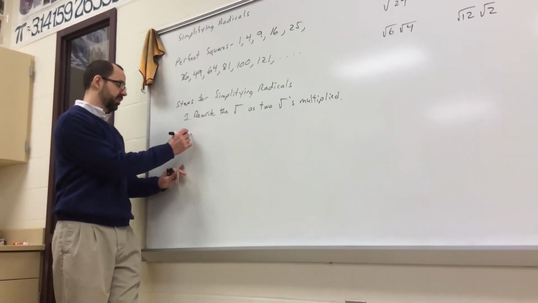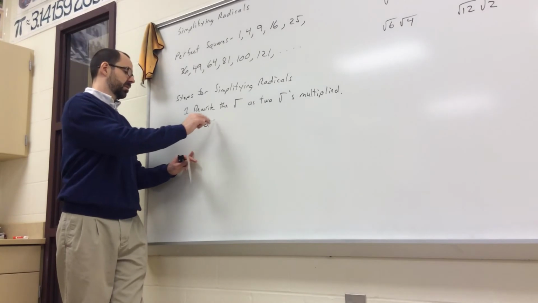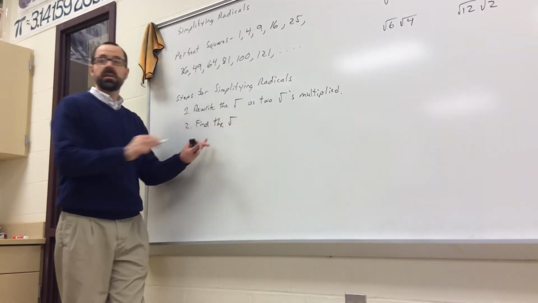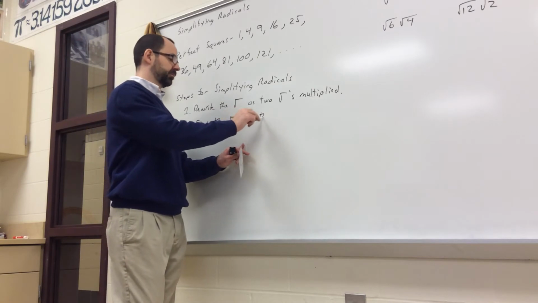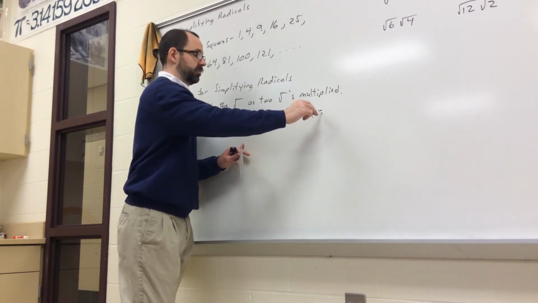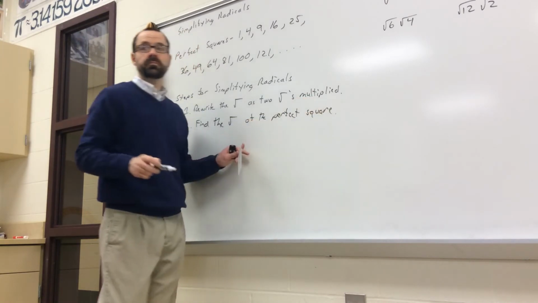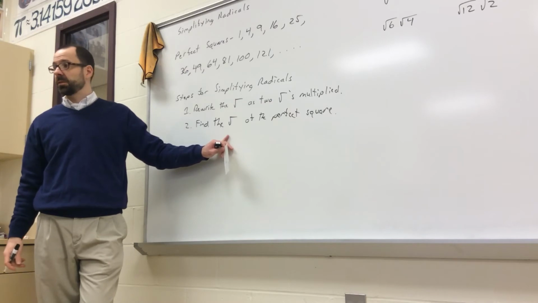Okay, then step 2 is find the square root of the perfect square. Find the square root of the perfect square.